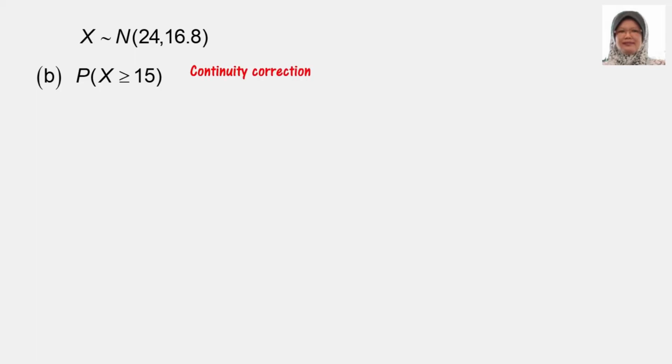Okay, we do continuity correction. We draw the line and we know the area is on the right side because X is greater than or equal to 15. So we add 0.5, we get 15.5, and minus 0.5, we get 14.5.